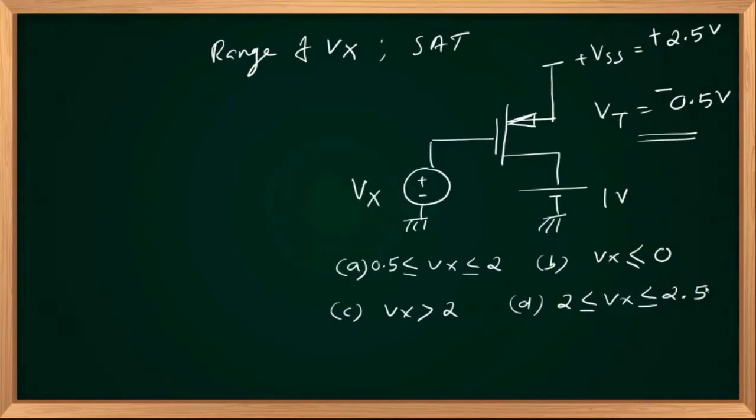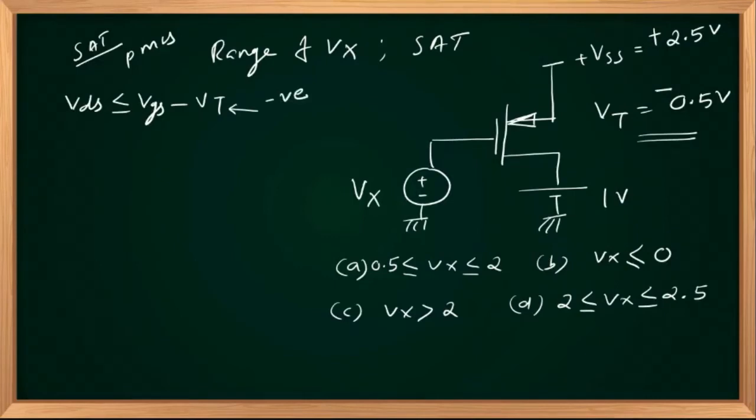Only one equation you have to apply. Very simple. VDS less than or equal to VGS minus VT for saturation in an N-channel MOSFET. For PMOS, VT should be negative.